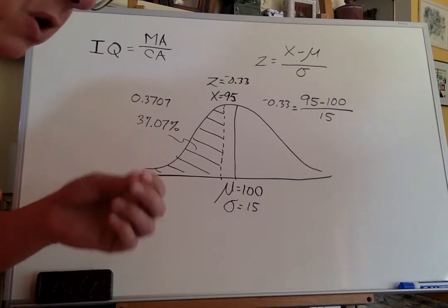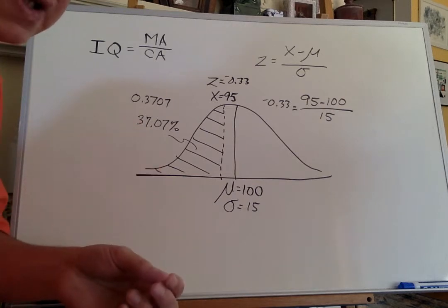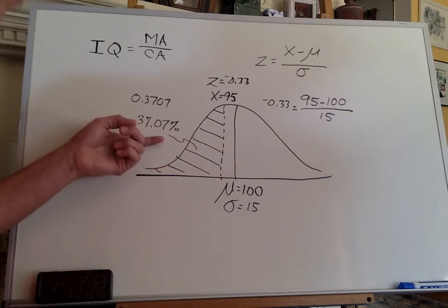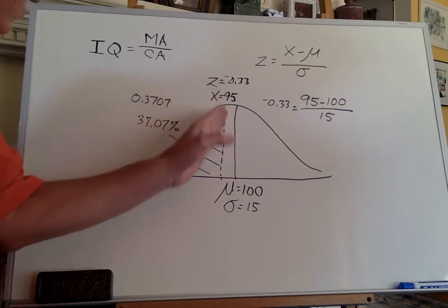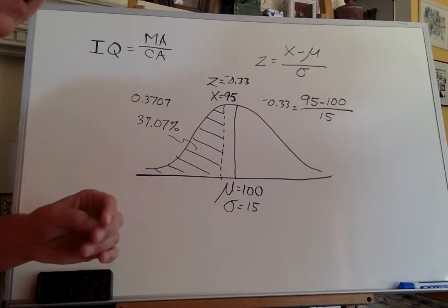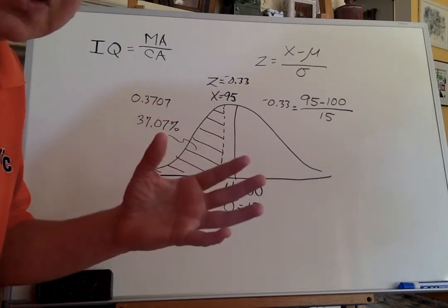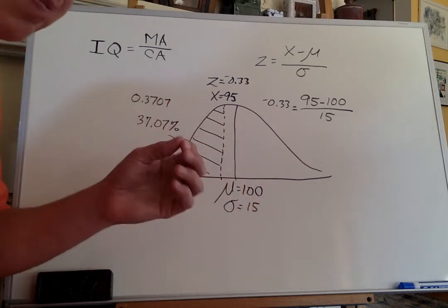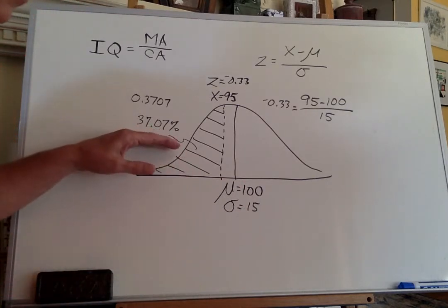If we know that 37.07% of the population has an IQ below 95, then if I randomly chose someone from the general population, the probability that they would have an IQ below 95 is 37.07%.